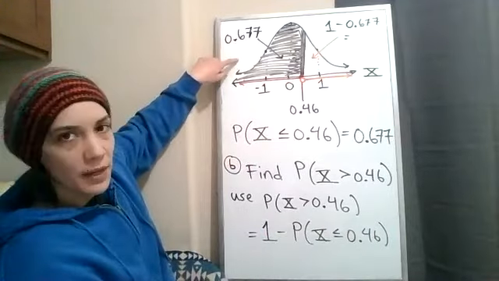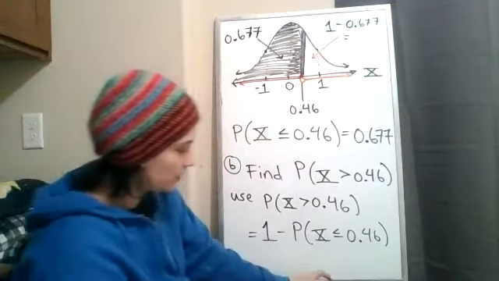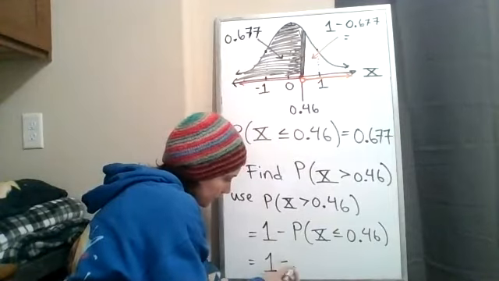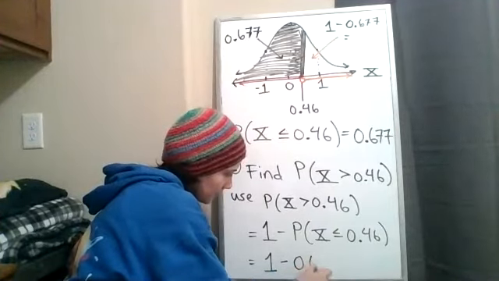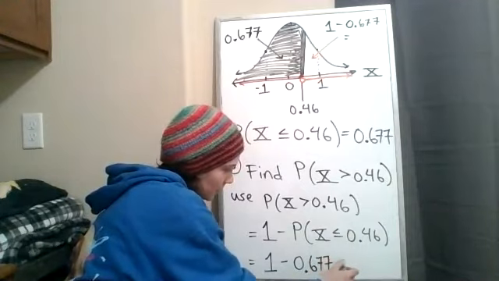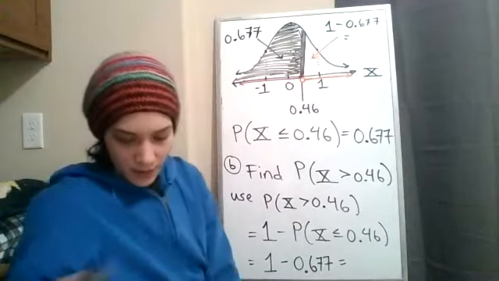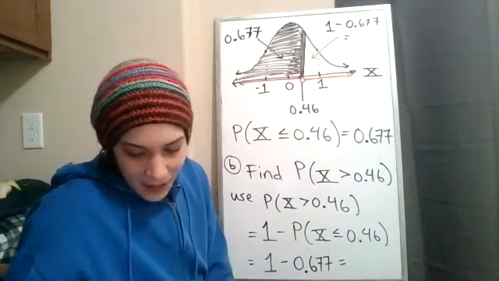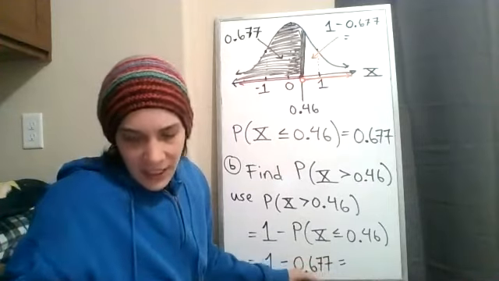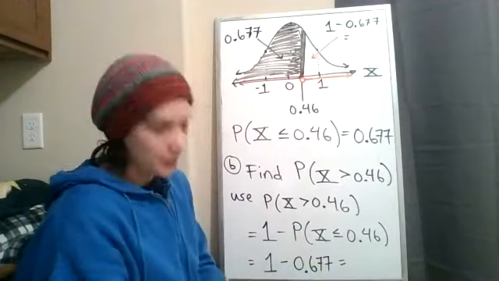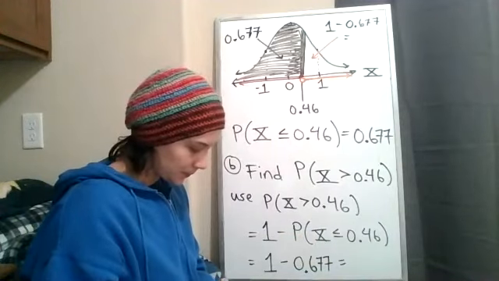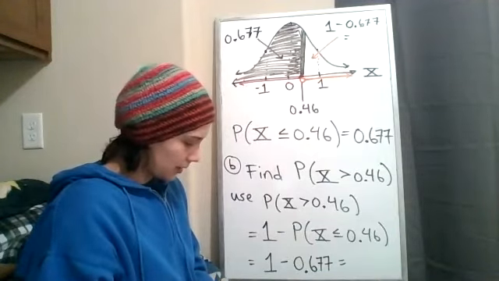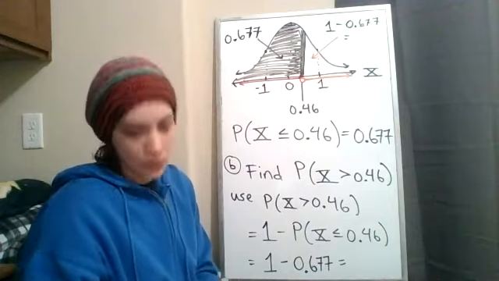So that was that part. 1 minus 0.677. I had a little extra decimals in mine, but it should be 0.322. Just going to double check it. 1 subtract 0.677, 0.323.